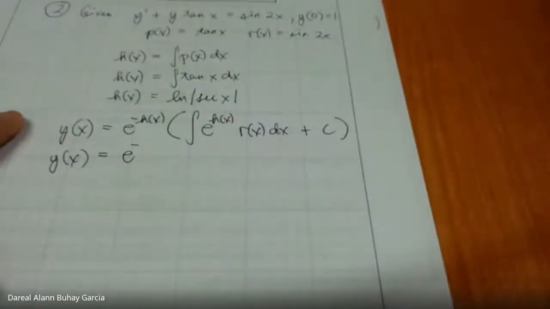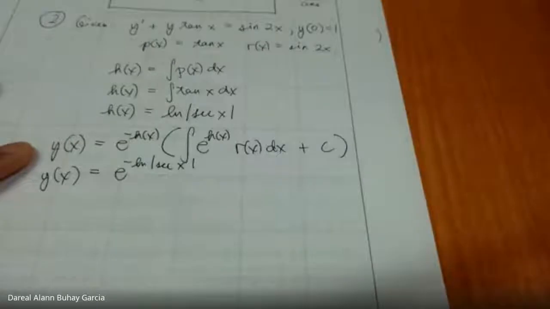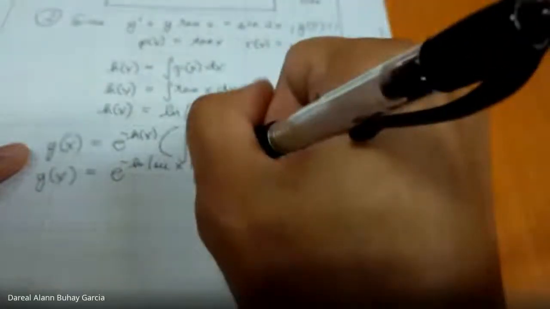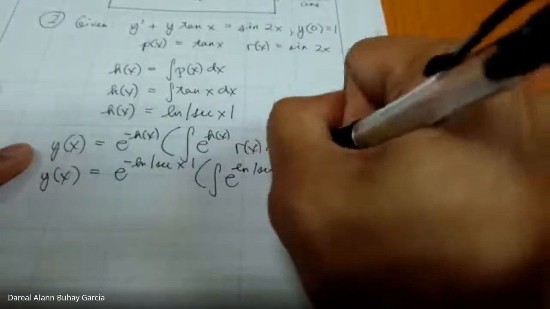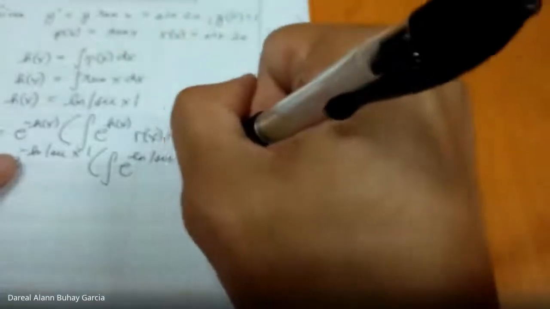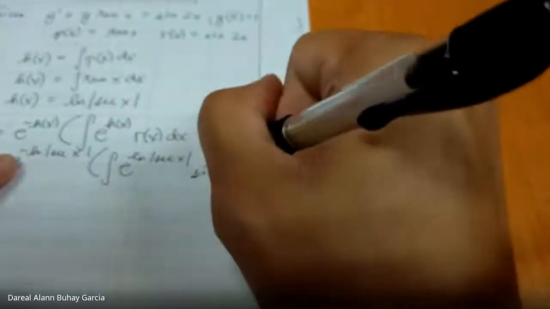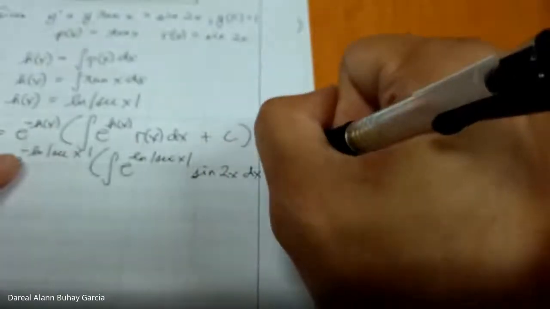So e to the power of negative ln secant x, the integral of e to the positive power of ln secant x. What's r of x? Sine 2x dx plus c.